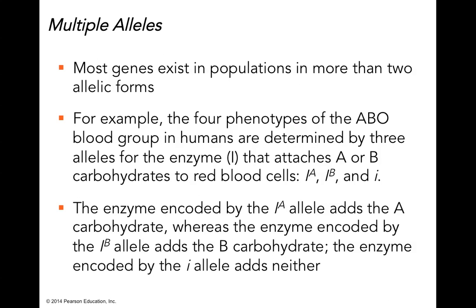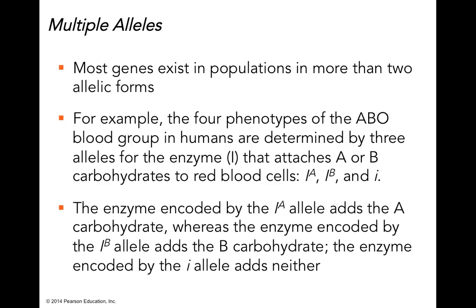There may also be the case that we have more than 2 alleles for a particular gene. So we actually have 4 phenotypes for our blood groups: A, B, AB, and O. Positive and negative, if you are O positive or O negative or AB positive or AB negative, the negative and positive refer to a different gene, which is called the RH factor.